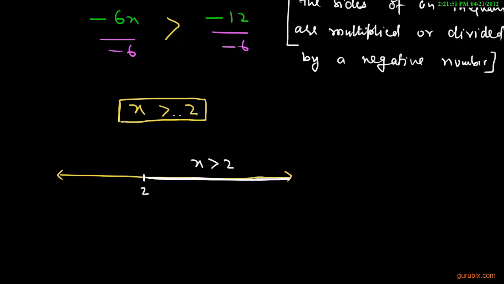And because x is not equal to 2, therefore 2 is not included, so we shall draw here an open circle and we shall write x belongs to 2 to positive infinity. And because 2 is not included, we use this sign of a small bracket. So this is the solution of the second part, and now we shall move to the third part.